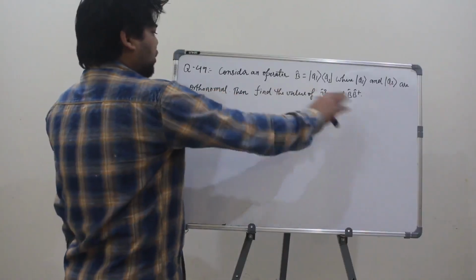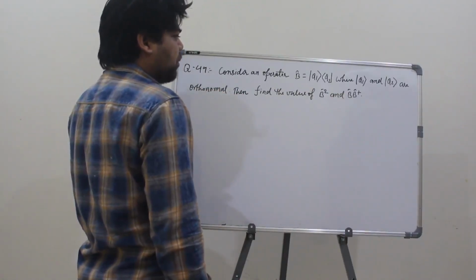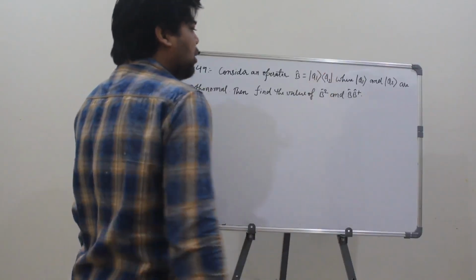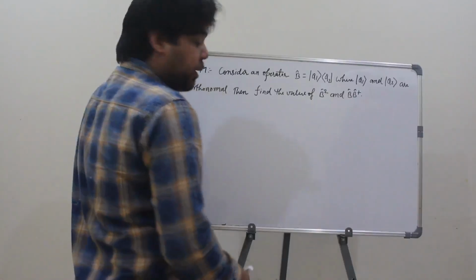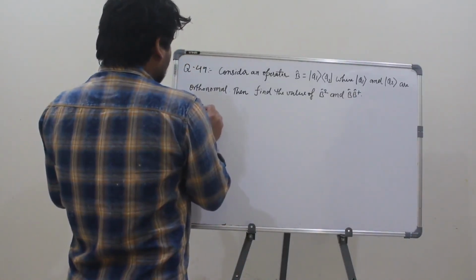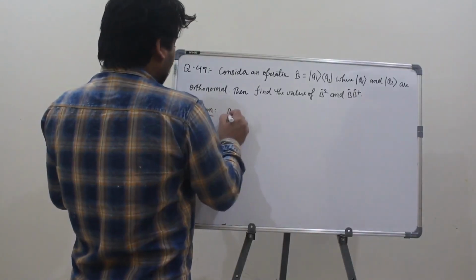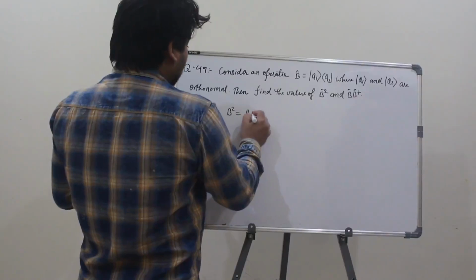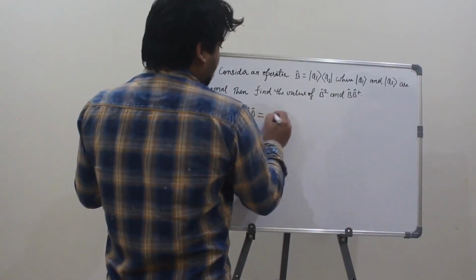Now I discuss this problem, which says: consider an operator B equal to the outer product of phi1 and phi2. The phi1, phi2 are orthonormal. Then find the value of B square and B B dagger. Right? So what is the solution? You have to calculate B square and B B dagger. B square is B and B, so just keep it like that.